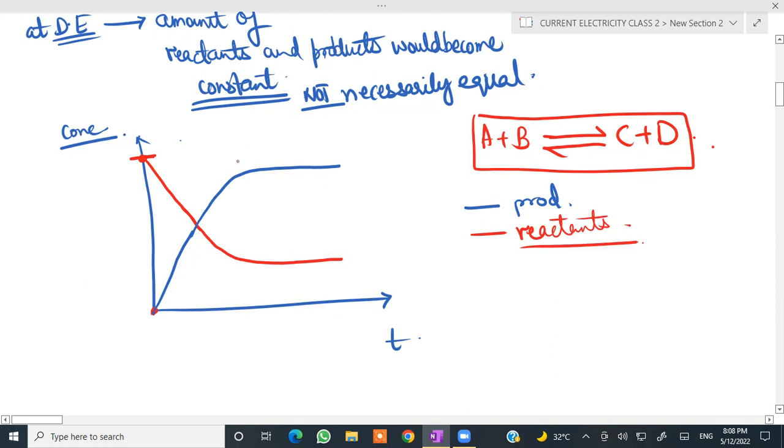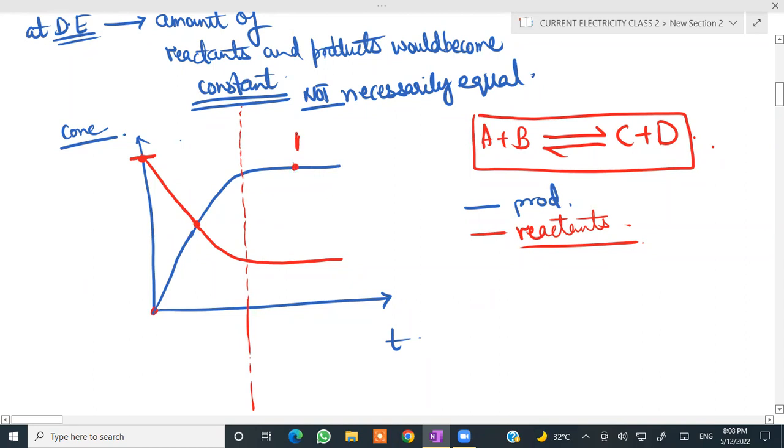I'm going to label this graph at 4 different points, and you guys have to identify the point after which the dynamic equilibrium has been established, right? So this is an imaginary dotted line after which concentrations have become constant, all right?